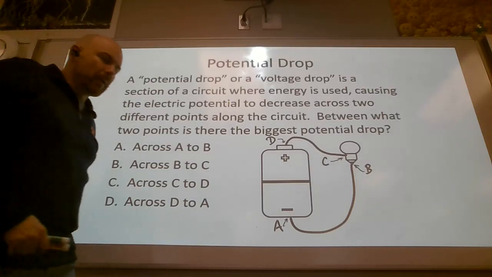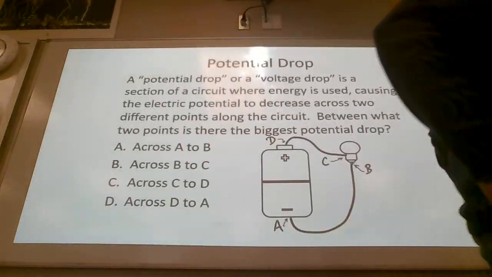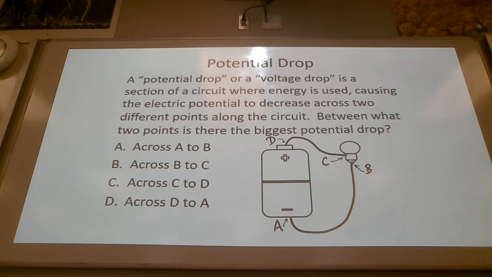Not to muddy the waters, but we have a lot of different names for electric potential difference or voltage. There are certain parts of a circuit that take energy away. So voltage looks at how much energy per coulomb is being transferred or converted.